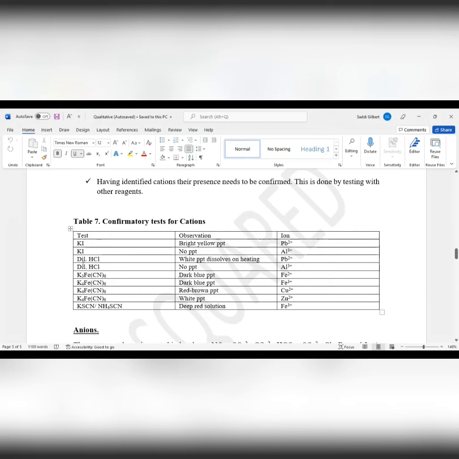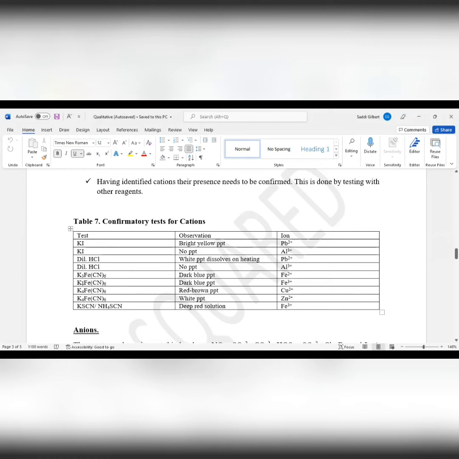If you add dilute hydrochloric acid and you get a white precipitate that dissolves upon heating, that's also lead. No precipitate, it's aluminum. If you add potassium hexacyanoferrate(III), they kind of cut this out now at CSEC level, you get a dark blue precipitate, it's iron 2.